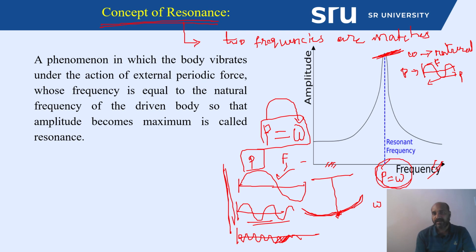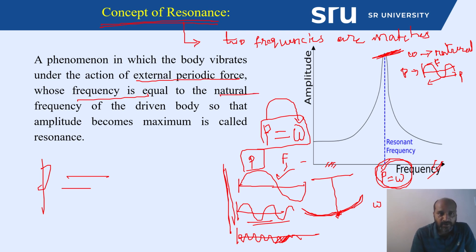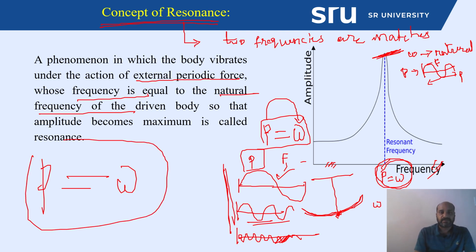And that resonance condition is possible when the frequency of this external periodic force p is equal to the natural frequency of the oscillator omega. Then we will get the maximum amplitude. That is the concept of resonance, and this is the condition for resonance.